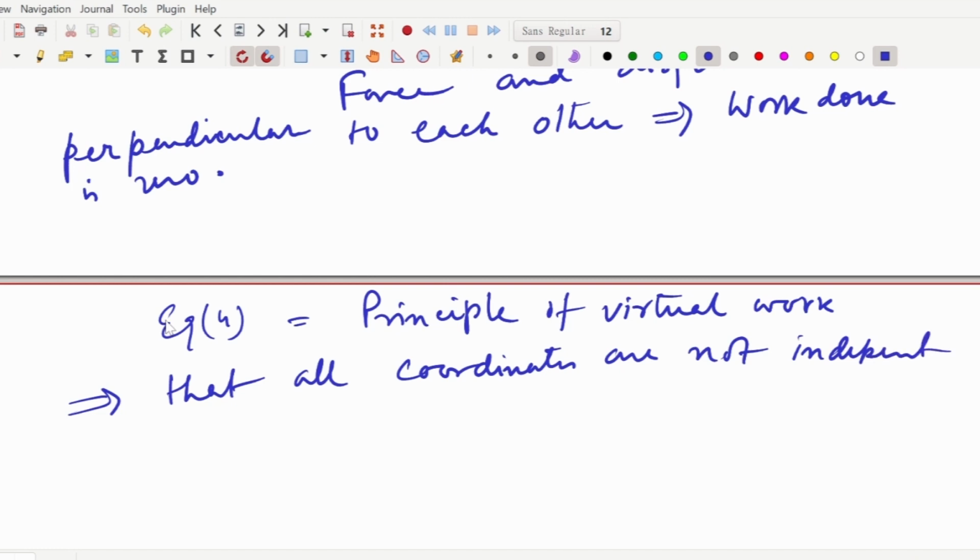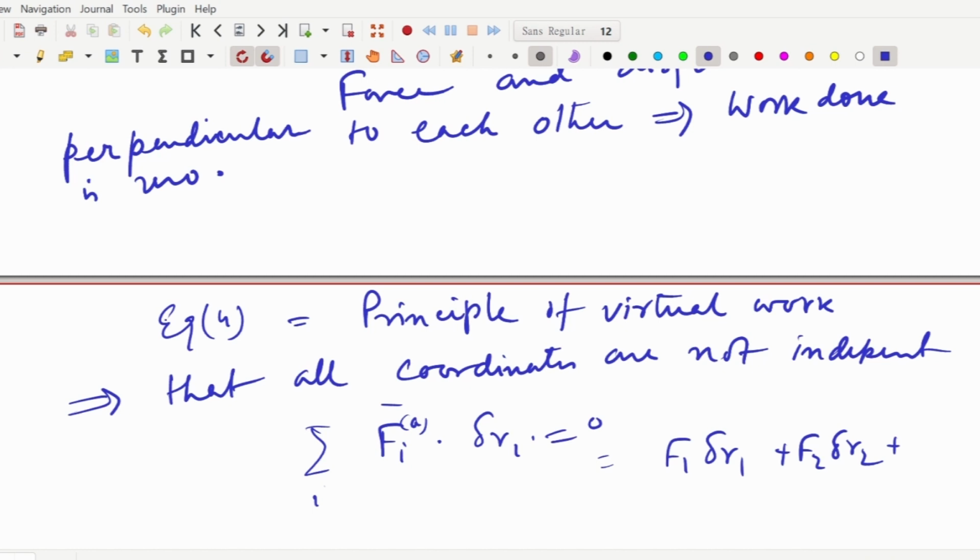How? Let us consider there are only three coordinates. So it is the sum over i of Fi applied dot delta ri. Let us consider there are three particles. So it will be F1 delta r1 plus F2 delta r2 plus F3 delta r3 equal to 0.